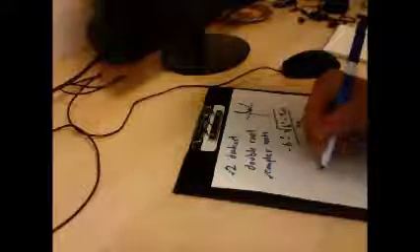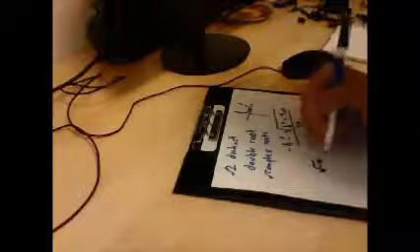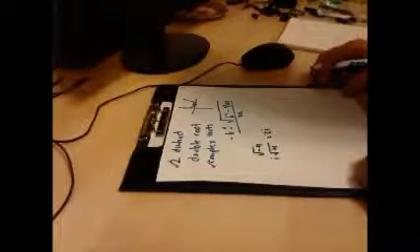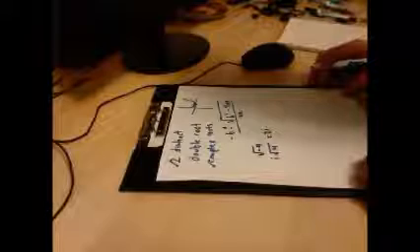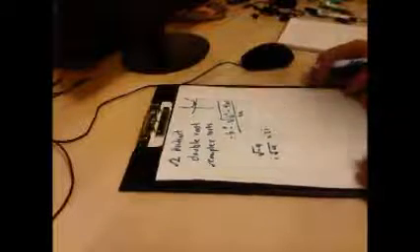So let's say I had the root of negative 4. All that is, it's i times the root of 4, and that's 2, so it equals 2i. Okay, so it's simple, and so you might want to look at some videos of solving or working with complex numbers if you have trouble with that.